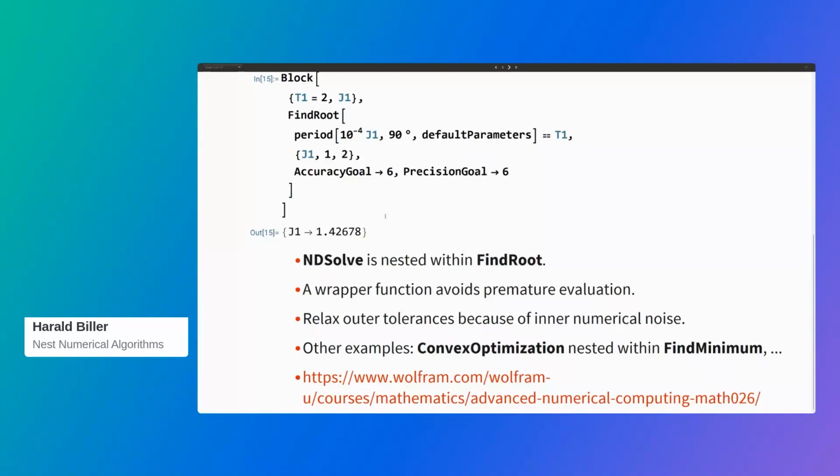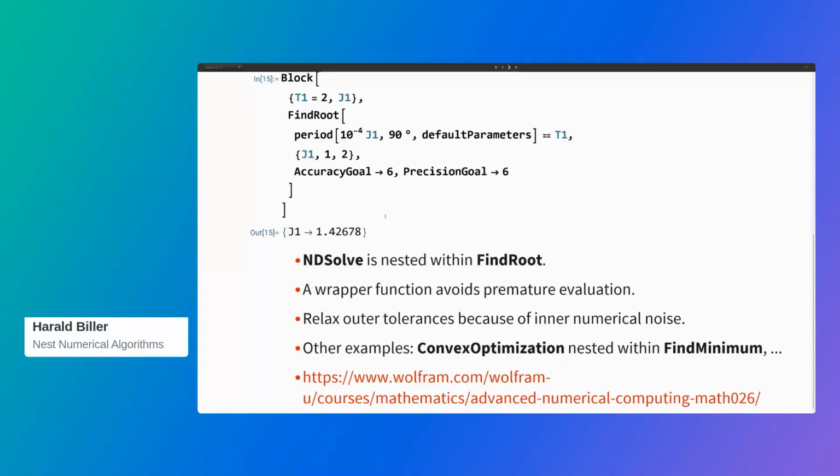What I want you to take away is that this nesting of one numerical algorithm inside another is something which is often used, which often works routinely with just a few tricks. One thing to know is a wrapper function which delays evaluation until numeric parameters are provided. And the other thing is the relaxation of the outer tolerances.